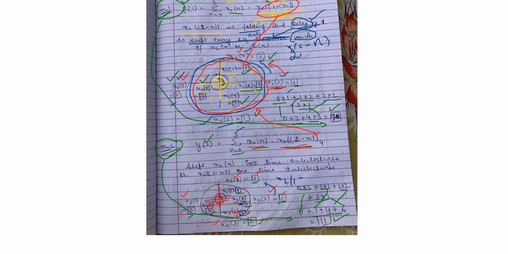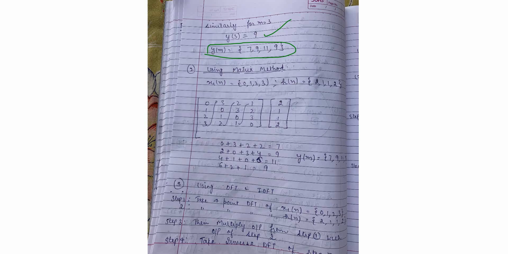When m equals 3, write here multiply and add, and then you will get the value 9. The final result of the circular convolution of the given sequences x of n and h of n is 7, 9, 11, 9.